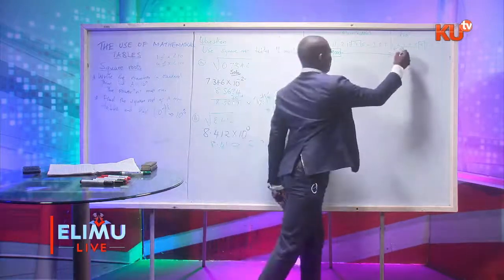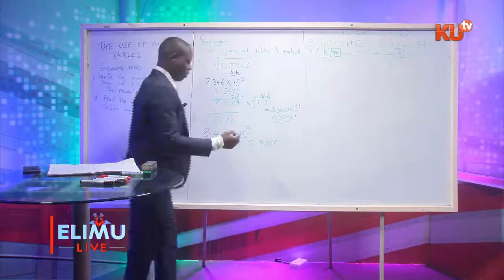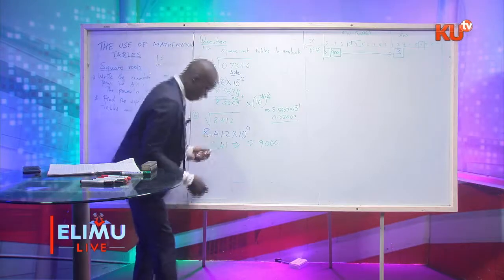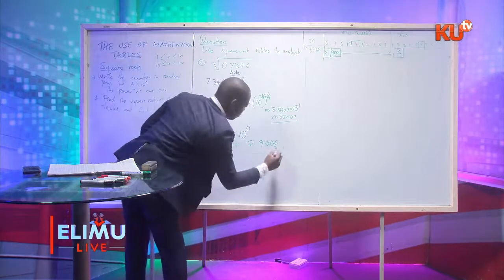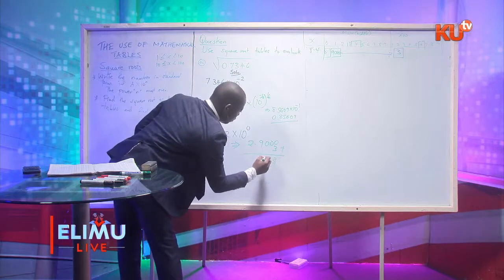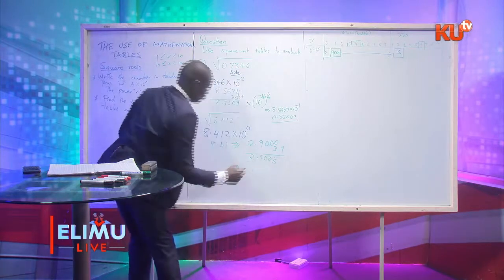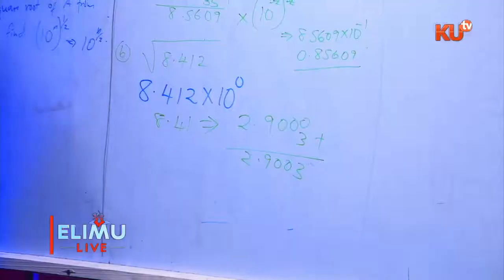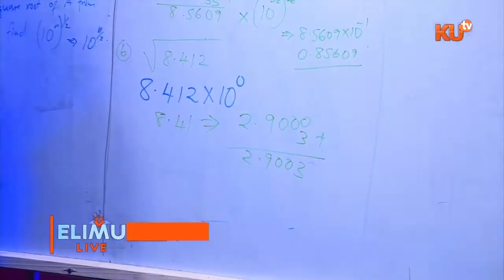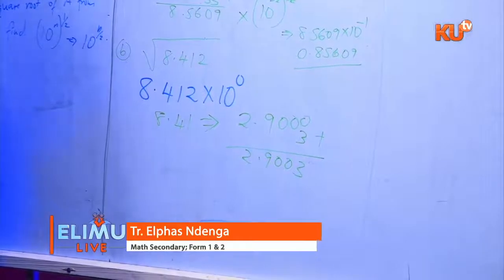So the column has 3. So we add 3 here, so that we have 2.9003. And that becomes the square root of 8.412.